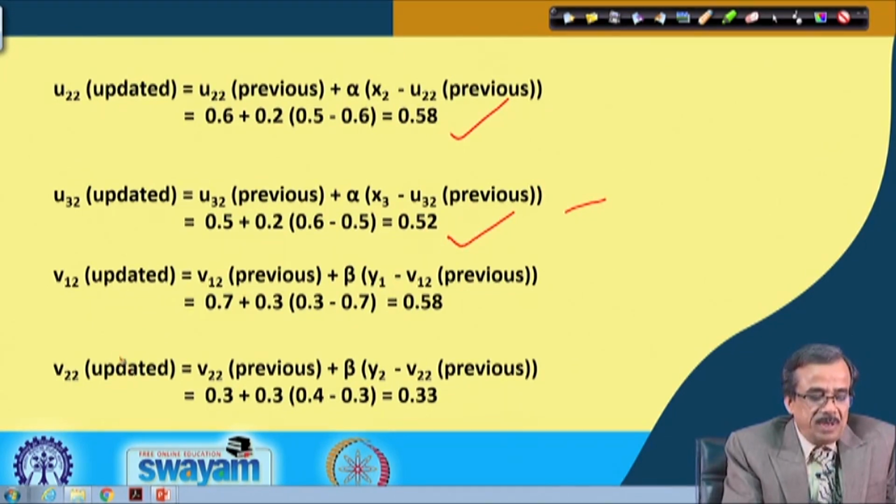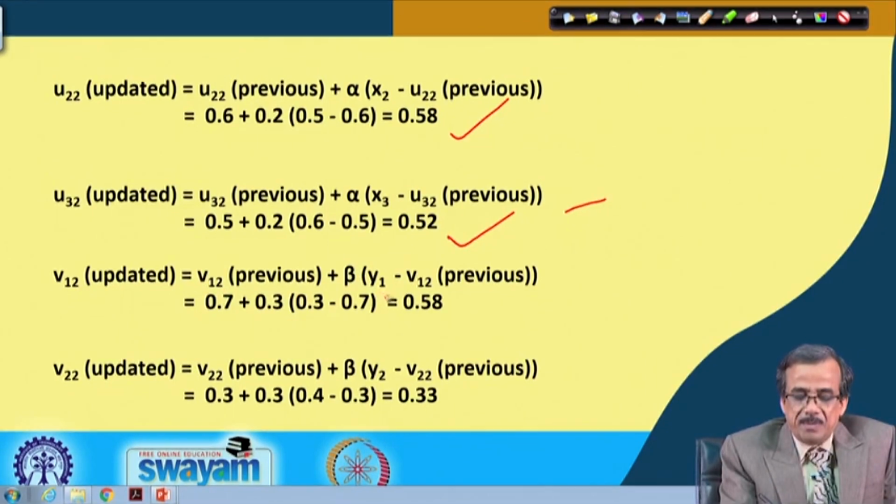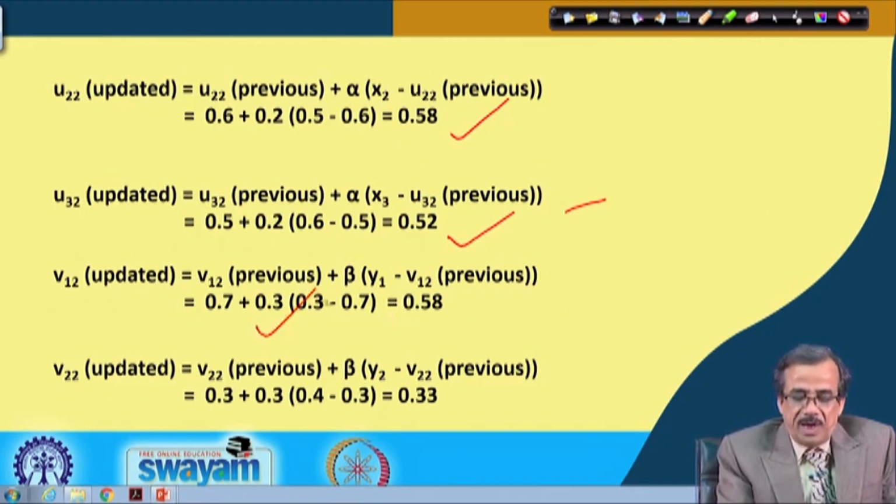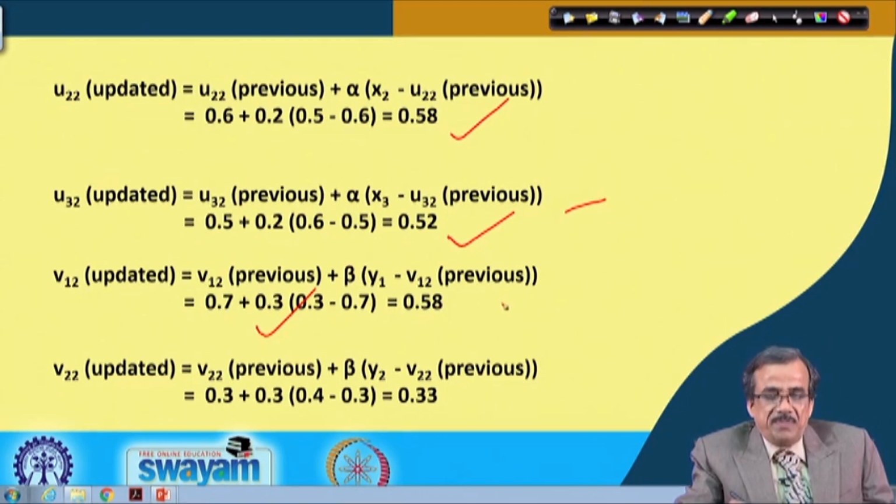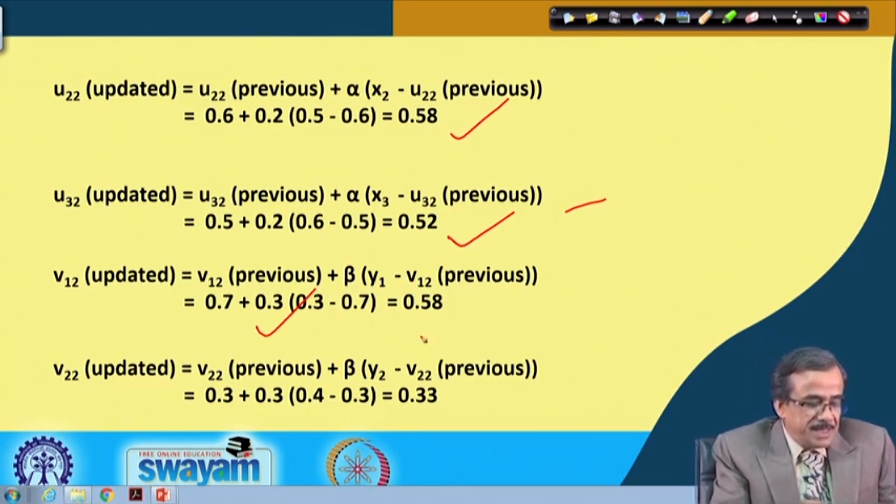Similarly, we can find out the updated values for v, that is v1 to updated is nothing but v1 to previous plus beta multiplied by (y1 minus v1 to previous). Once again, if I substitute the numerical values, I will get 0.58. Next we will have to update v2 to.